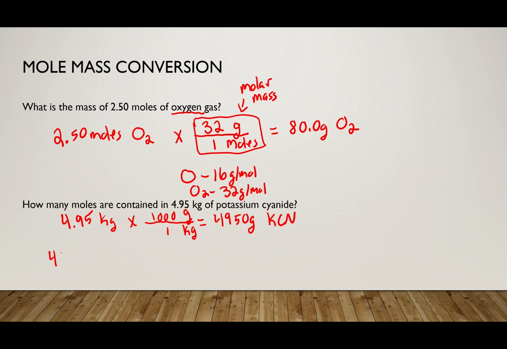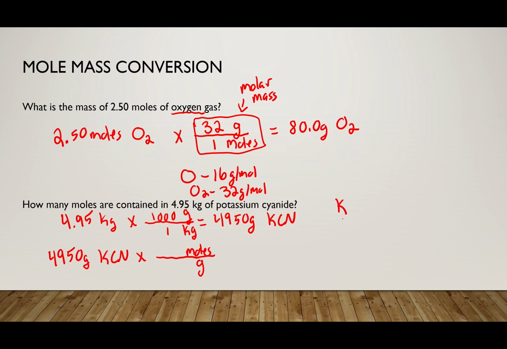So we're going to start off with our 4,950 grams of potassium cyanide, and we want to convert that into moles. So we want moles at this stage. We have grams, and once again, we're seeing our conversion factor requires grams and moles, which is our hint to work with molar mass. So we will need to find the molar mass of KCN.